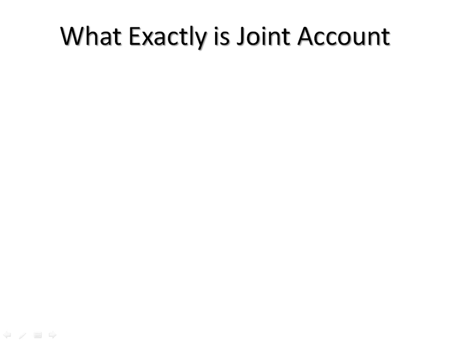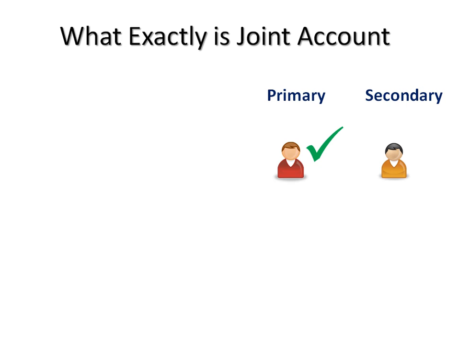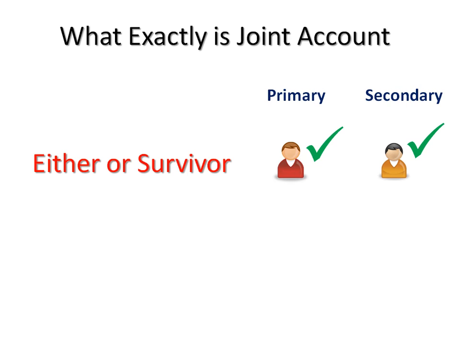Now what exactly is a joint account? Let us try to understand through an example. Let us say there are two people, the first one is the primary holder and the second one is the secondary holder, and what you want is that both of them should have equal rights. Both of them should be able to do all the things which can be done with an asset, like withdrawing the money or depositing the money or closing the account, etc. Now if you want that both of these people should be able to perform the task independently, in that case you open a joint account and the mode is either or survivor.